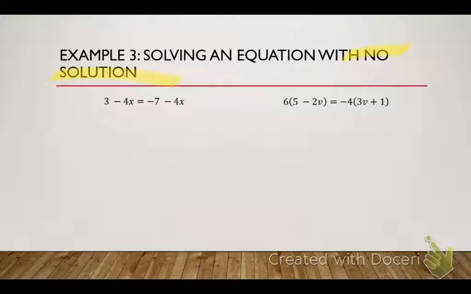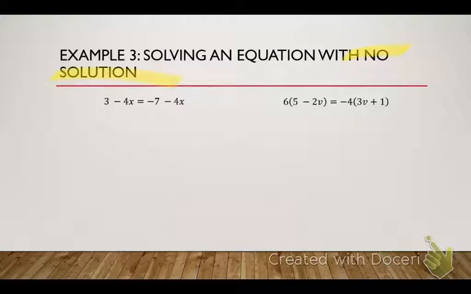3 minus 4x equals negative 7 minus 4x. In our review, we talked about the first thing we need to do before we can do our steps: get the variables on the same side of the equation. It doesn't matter which side, but we need to get them on the same side. So I'm going to take negative 4x and add 4x to both sides.